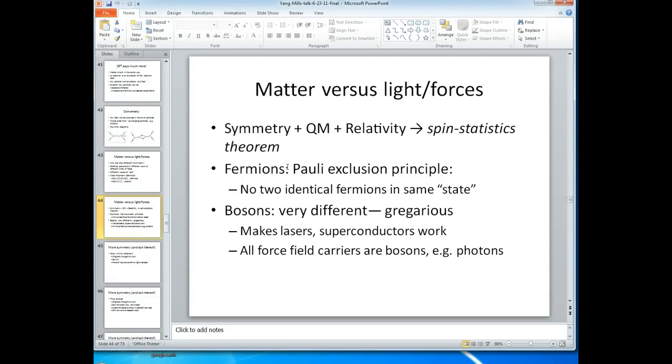Fermions obey what's called the Pauli exclusion principle. Wolfgang Pauli had already figured this out before the spin statistics connection was completely understood, I think. It says that no 2 identical fermions can be in exactly the same state. A very classic example is 2 electrons in an atom, whizzing around the nucleus, though you don't want to picture it exactly as orbits, like you often see in a diagram.